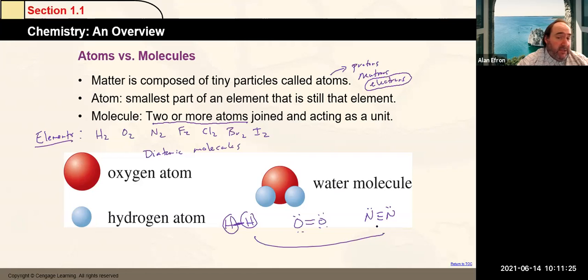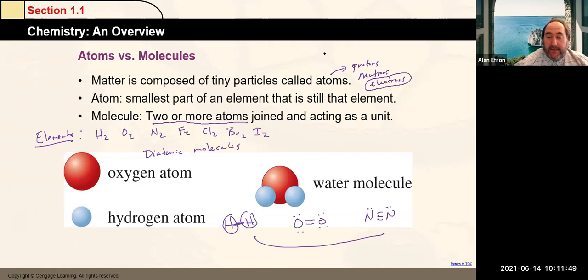Hydrogen, oxygen, nitrogen, fluorine, chlorine are all gases. That's how they normally come. These elements are also really molecules because they meet the basic definition of a molecule, two or more atoms together. They just happen to be two atoms of the same element.